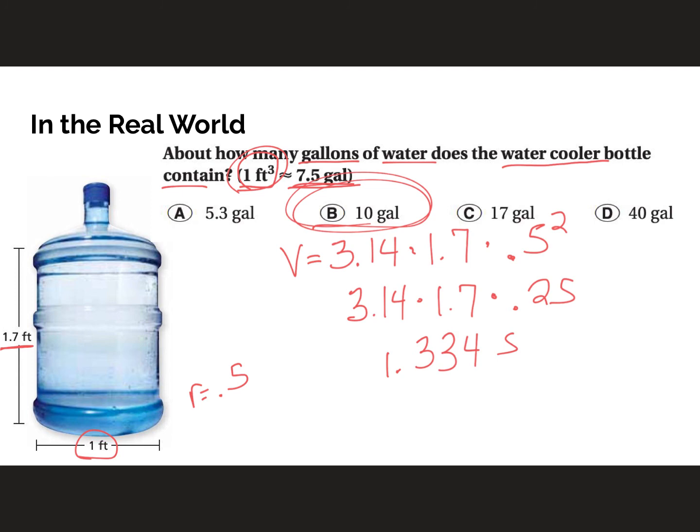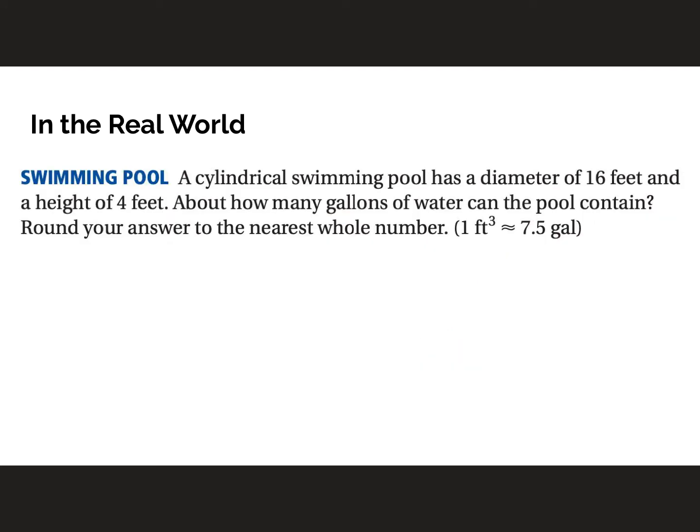Let's try one more real world problem. So a cylindrical swimming pool. I have a swimming pool, like those above ground swimming pools, right? It has a diameter of 16 feet. So remember, if our diameter is 16, that means our radius is half of that, which is 8. And a height of 4 feet. How many gallons of water can the pool contain?